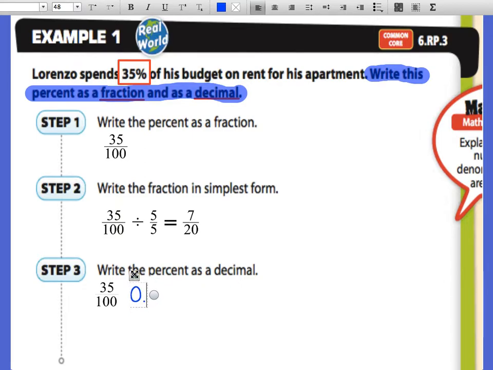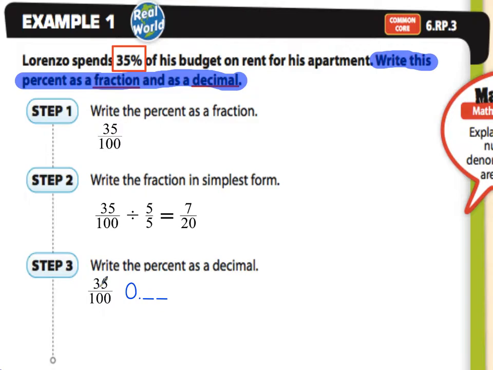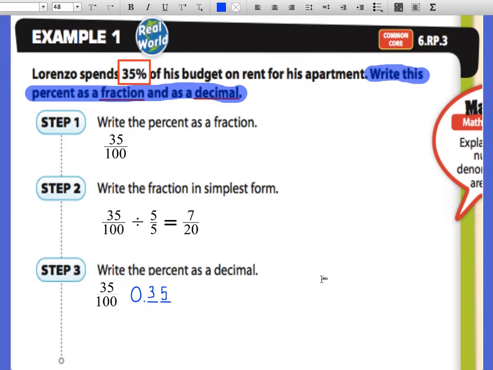And it's going to be 2 places after the decimal because it ends in the hundredths place, and I know that because my denominator is 100. So I take my 35, and my last digit has to go into the hundredths place. So there's my 5, and there's my 3. So as a decimal, it would be 0 and 35 hundredths.